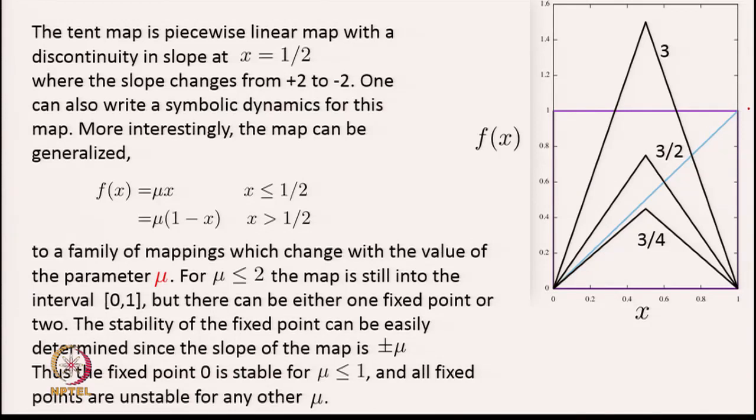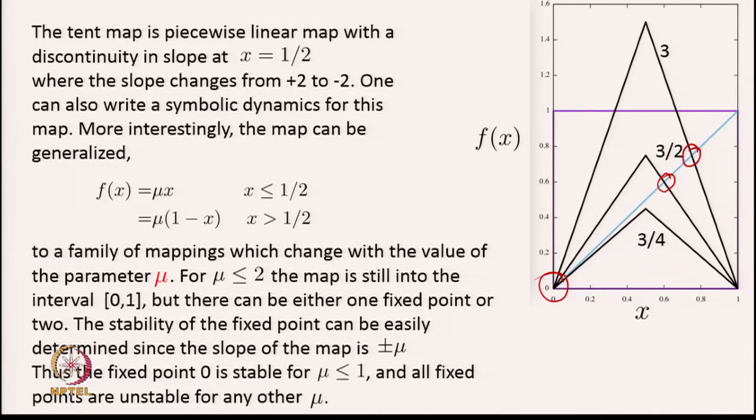So, clearly you can see that if the tent lies below the diagonal line, 0 is the only fixed point. If the tent now goes above the diagonal line, we have this fixed point as well as 0. So, there are two fixed points for mu bigger than 1.